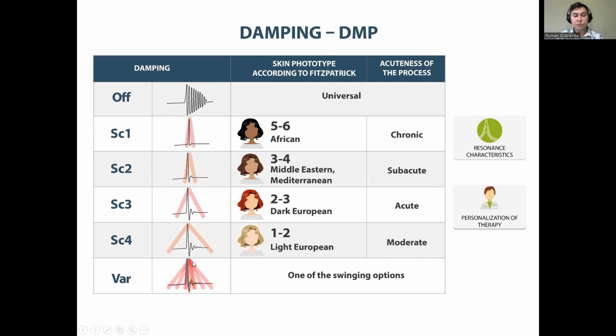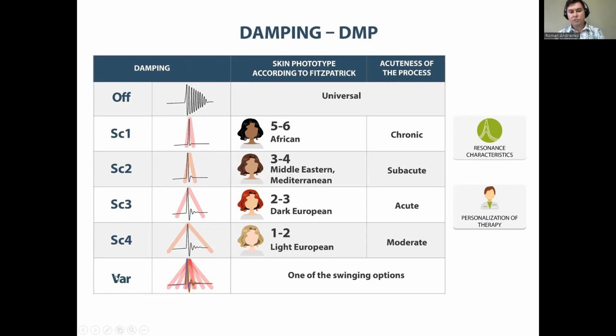Plus, they also came up with the mode which is called damping VAR, where all 4 types of damping are changing like that. Just like the frequency modulation works, just like the amplitude modulation works, the shape of the signal is constantly changing, and it is easier to find the key for a certain patient.